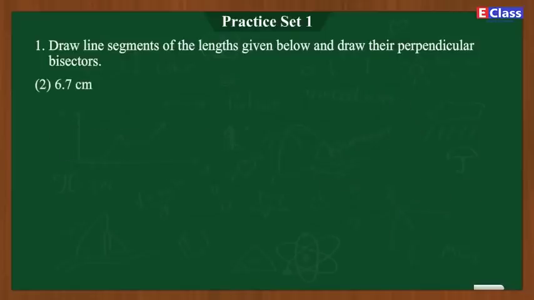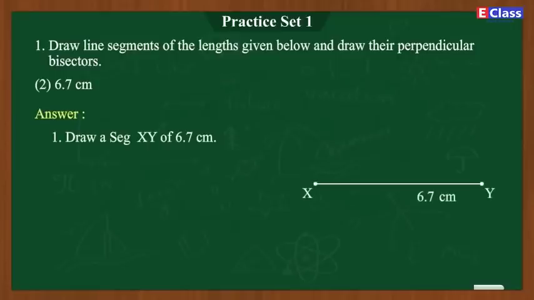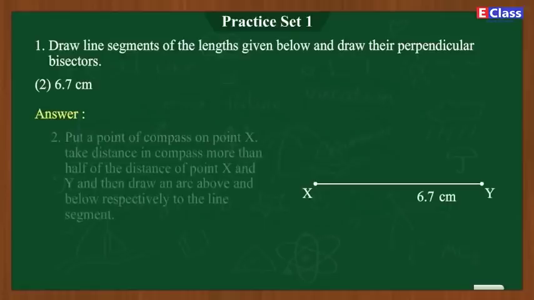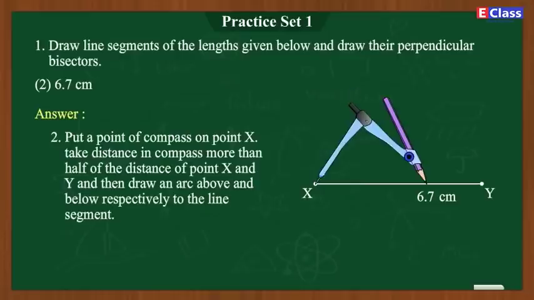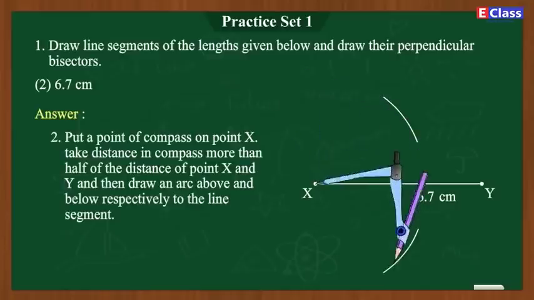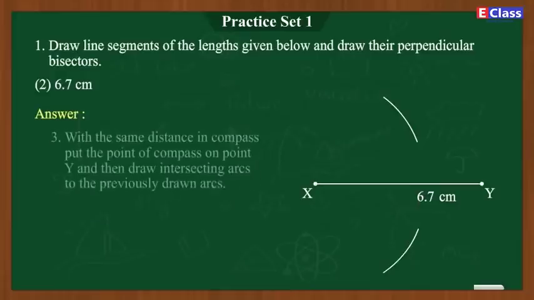2. 6.7 centimeters. Answer. 1. Draw a segment XY of 6.7 centimeters. 2. Put the point of compass on point X. Take a distance in compass more than half of the distance of points X and Y, and then draw an arc above and below the line segment respectively. 3.